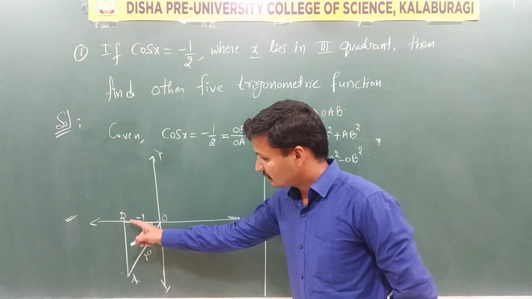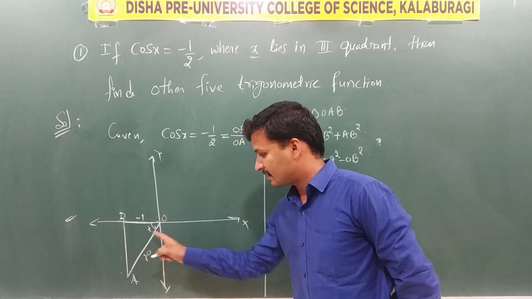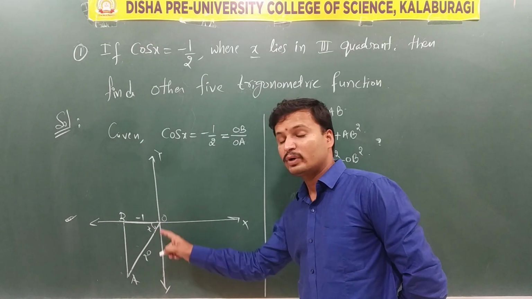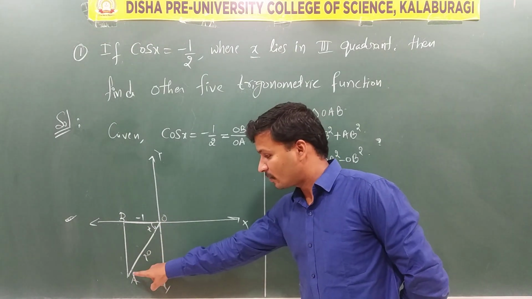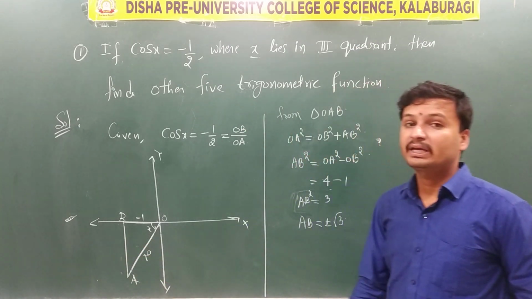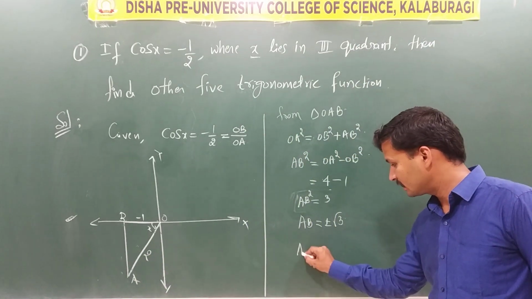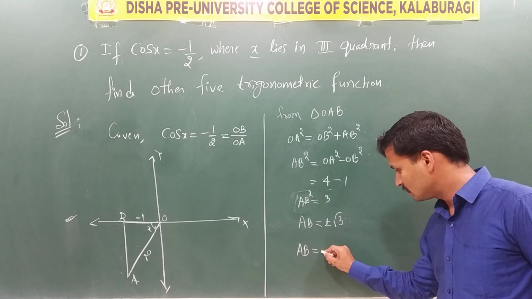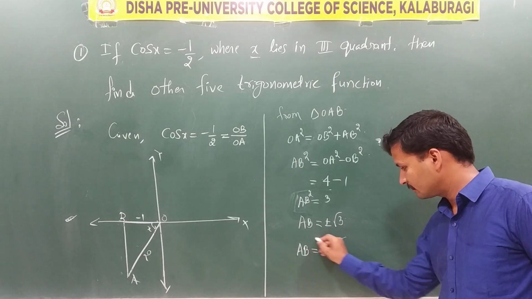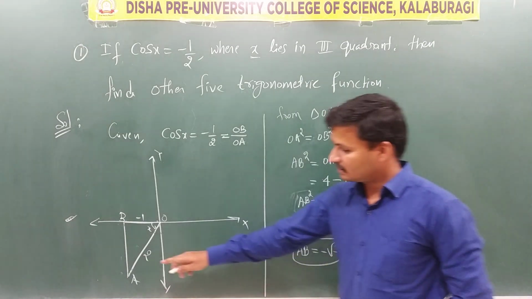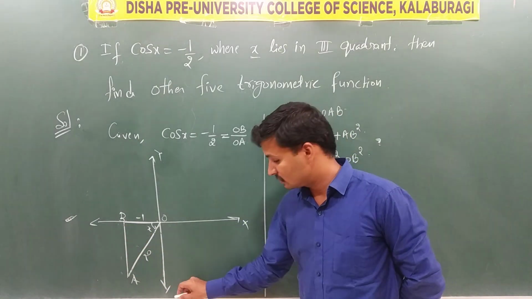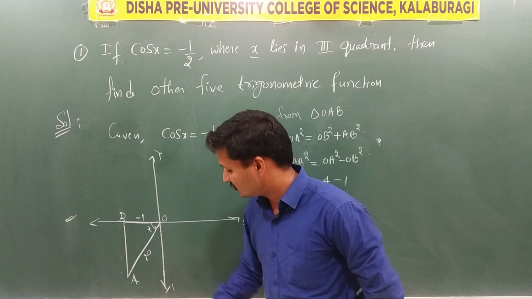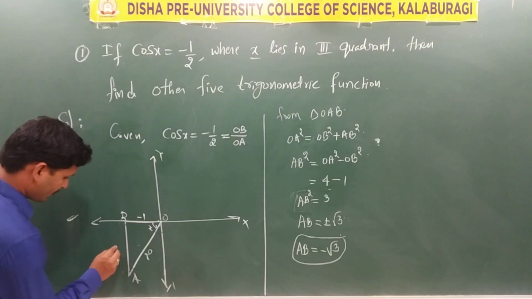See here, AB is parallel to the negative y-axis, so obviously the AB length is minus root 3. So take AB equal to minus root 3, because AB is parallel to the negative y-axis.